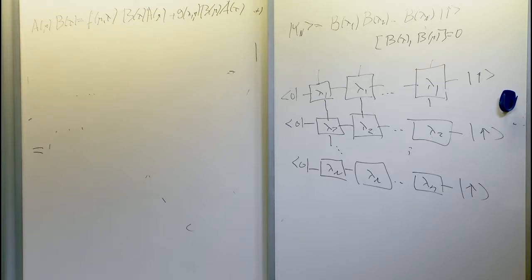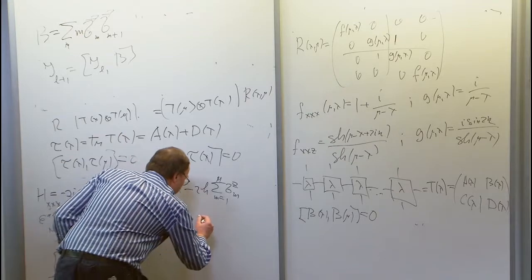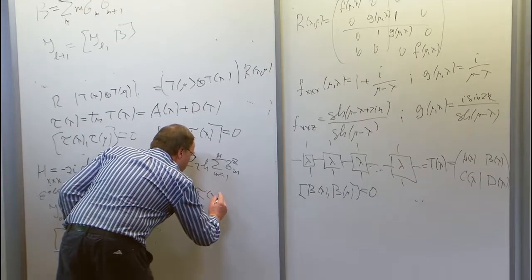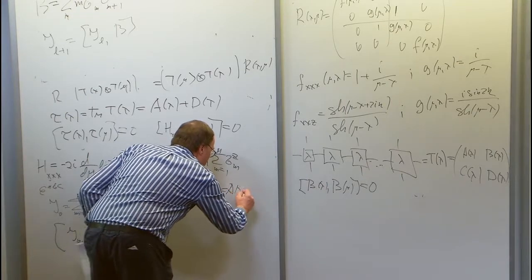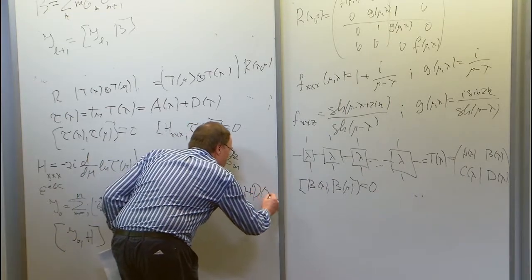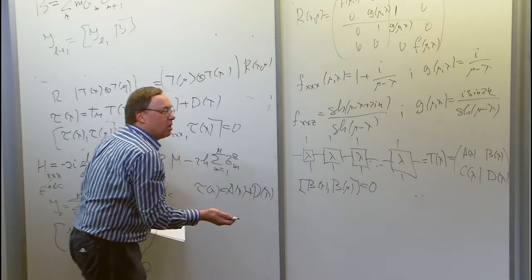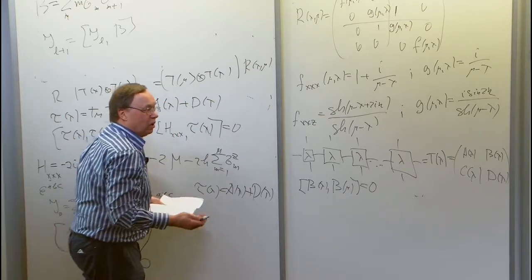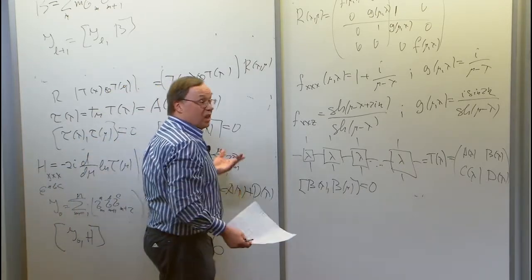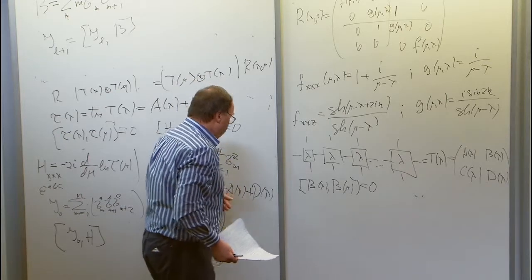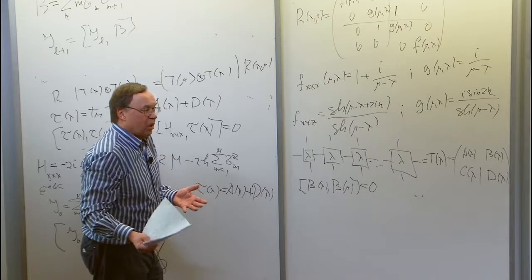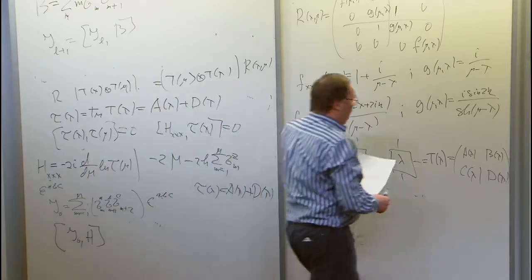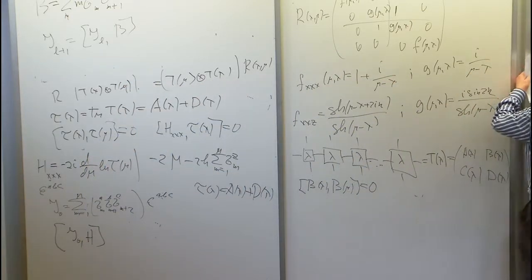So I will try to diagonalize all of them simultaneously. I will try to find eigenfunctions of T of lambda, which is A of lambda plus D of lambda. I can diagonalize all of them simultaneously. They commute with one another. And the Hamiltonian also commutes. And I expect that the eigenvectors will not depend on lambda. At the end of the day, they commute, so eigenvectors should depend on something, but not on this lambda. And that will come out eventually.